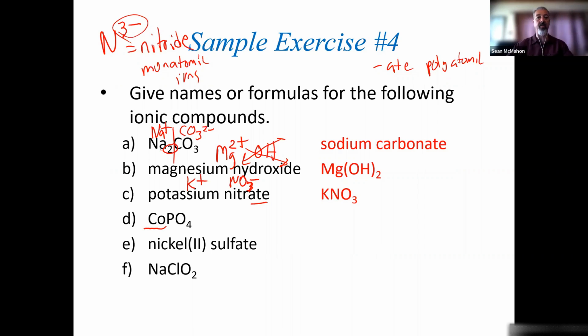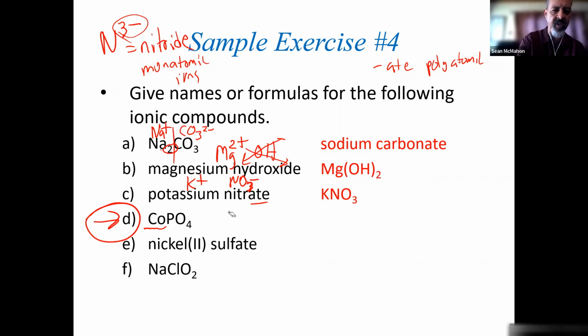So how do I figure out the Roman numeral? This is probably the hardest one of all. These two are the hardest. No, this one's the hardest. Okay. The reason why this one's the hardest is I have to know the charge of phosphate to figure out the charge of cobalt. Okay. Because I didn't memorize all the charges for cobalt, or maybe you do, but I would tell you to know the charge of phosphate.